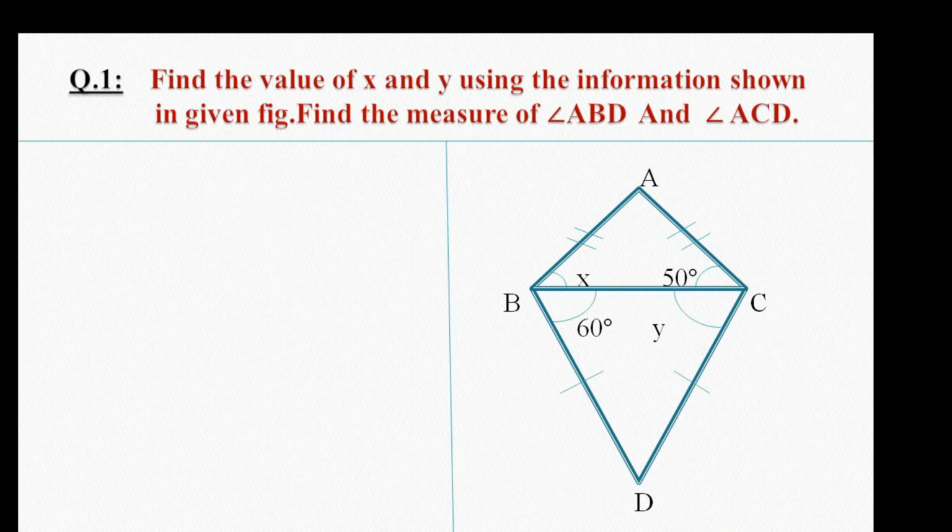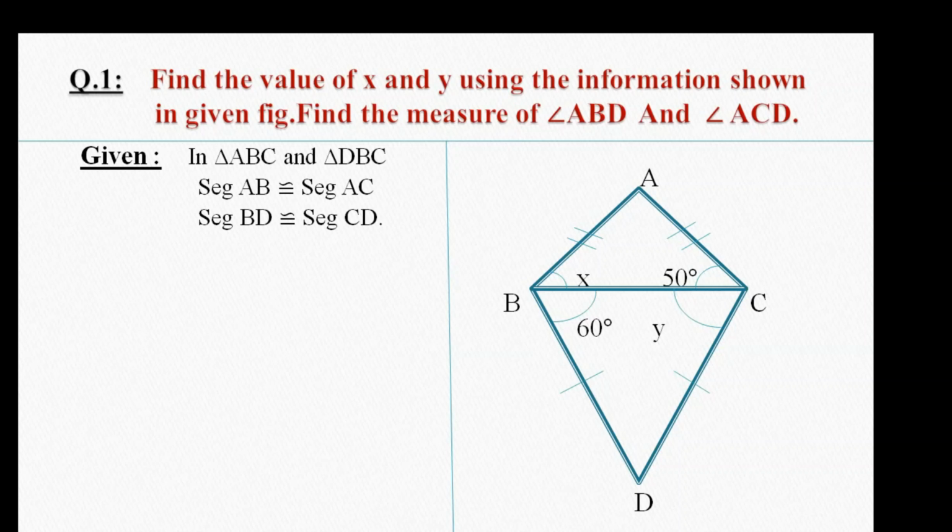So we have to use all that is given in the figure and find out the value of x and y. And similarly, we have to find out the measure of angle ABD and ACD. Means ABD, we have to add the angle ABC and CBD by angle addition property. We can add, right children? Let's see how to prove it.